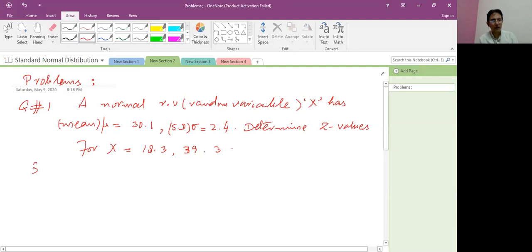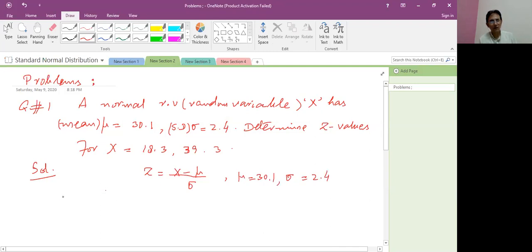So first we will find the z value. Here we are applying, student, the formula z equals (x minus mu) upon sigma. So what is mu? Mu is 30.1, sigma is 2.4.